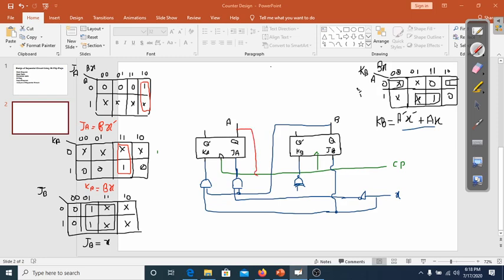So this wire is not short with this wire. And the other input is, so this is the exclusive NOR gate, and the other input is X. So these are the outputs.